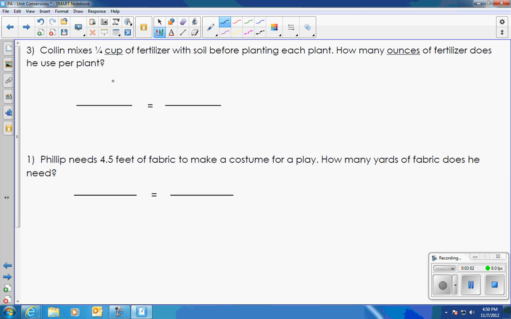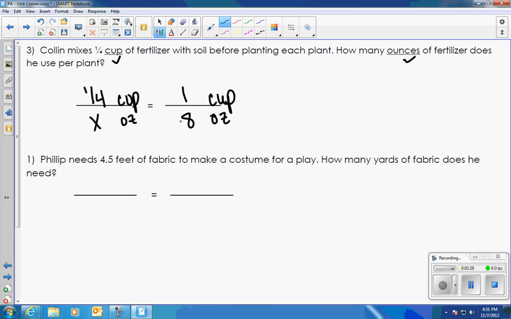In this particular example, it says we have 1/4 of a cup of fertilizer. How many ounces is this? So I'm just going to write cups and ounces. I don't care which one's on top or bottom, as long as if I write cup on top over there, I write cup on top over here. So I have 1/4 cup, and I want to know how many ounces that is. If you look on your STAR chart, there are 8 ounces in every cup.